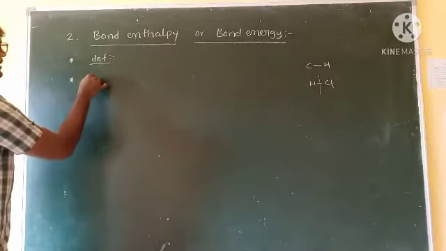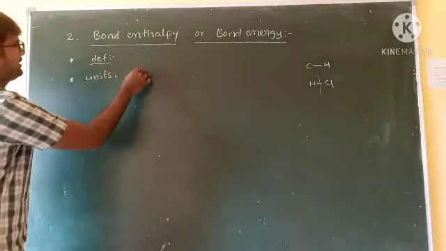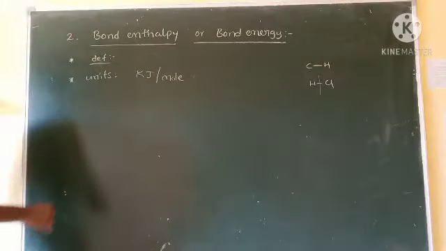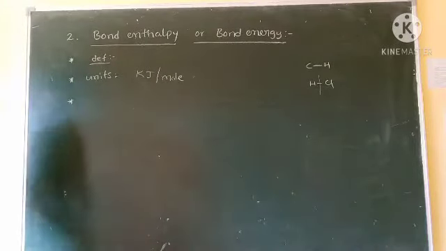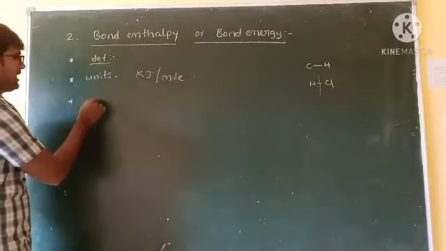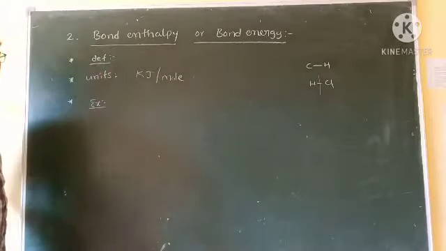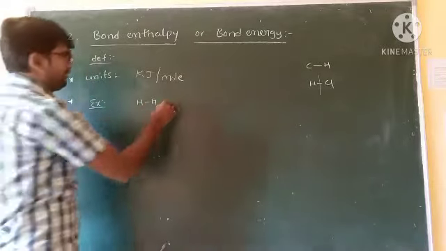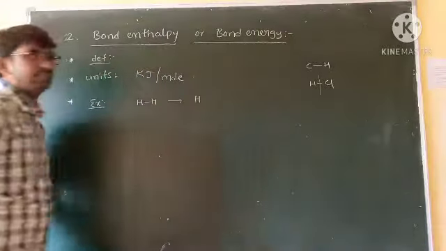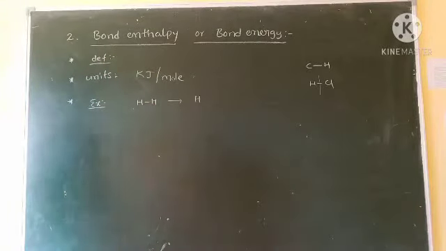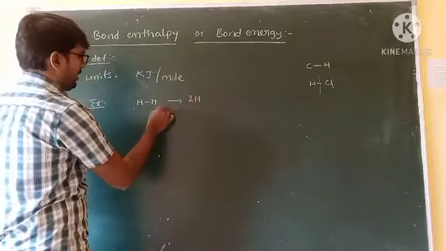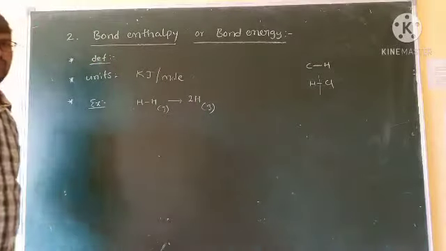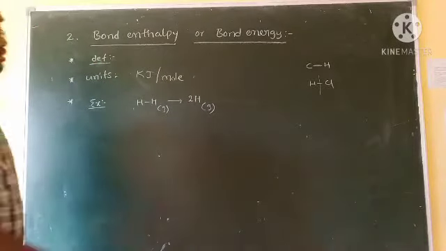Actually, the unit for this one is, general expression, kilojoule per mole. Next one, example for this one. H bond H. The dissociation of H bond H gives 2 hydrogens. After dissociation, it gives 2 hydrogen atoms. So how much energy is required?